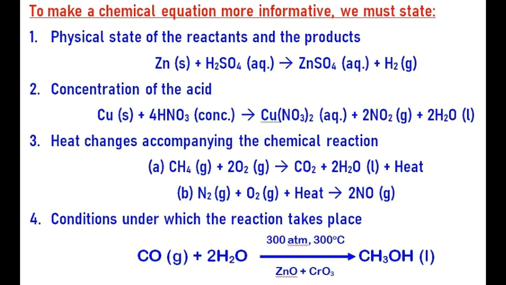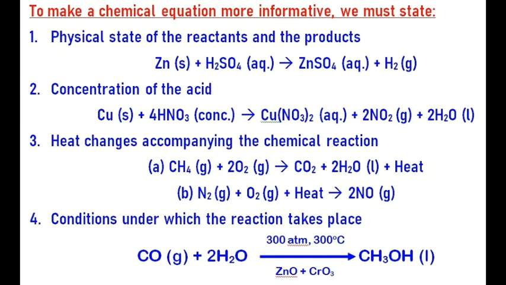The first example is exothermic. You see that methane gas and oxygen gas produce carbon dioxide gas and liquid water, and release heat. Second one, nitrogen gas and oxygen gas absorb heat, endothermic, to produce nitrogen oxide.